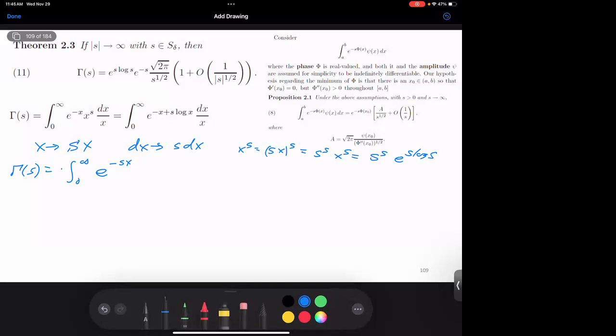So I can pull out an s to the s, and I'll have e to the s log x, and then dx over x becomes just dx over x. Sorry, log x.